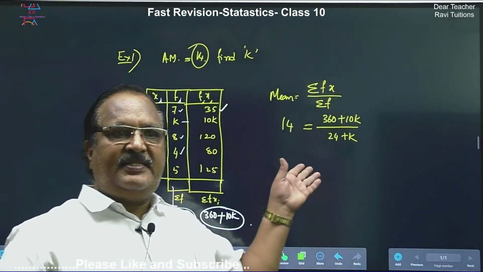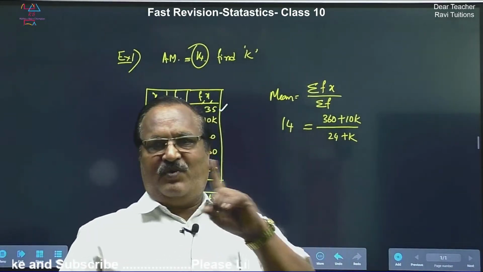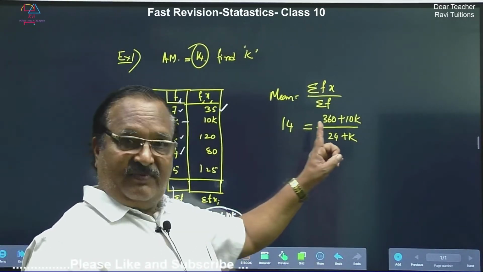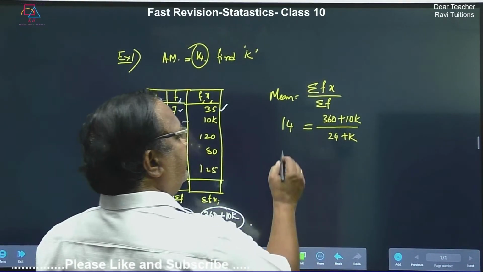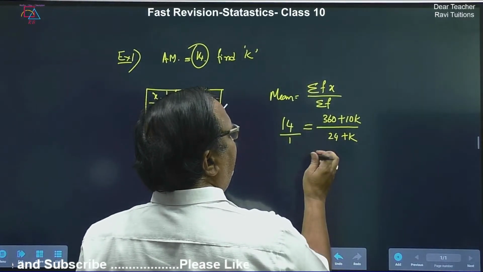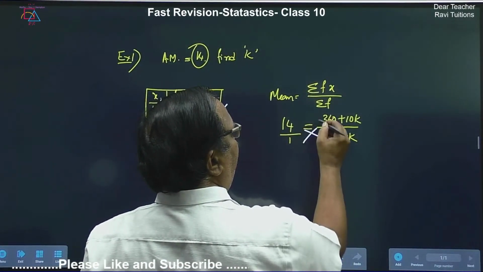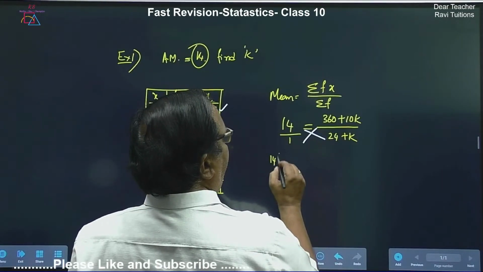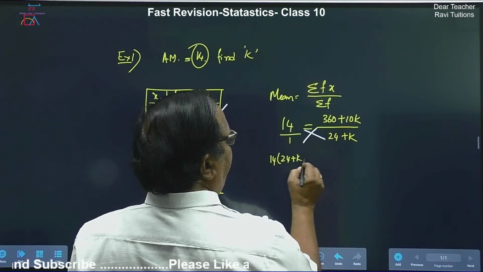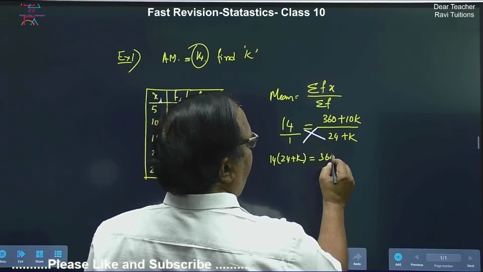So this is a simultaneous equation in one variable, because one variable, k, is there. You can do by solving simultaneous equation. Cross multiply. So then how much? 14 into 24 plus k is equal to 360 plus 10k.